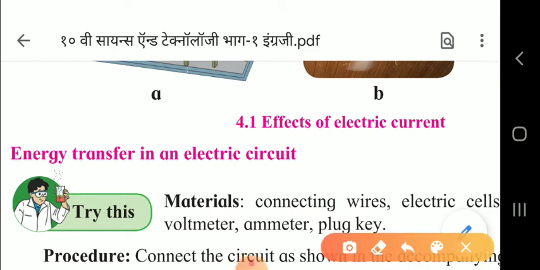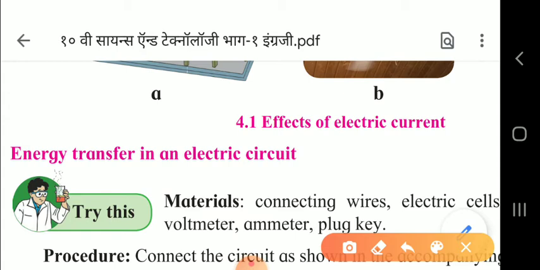So let us see now here that the measure of the current should be I, and the measure of potential difference should be V. AB means between the points A and B. Then the potential at A is higher than the potential at B according to this activity, as A is connected to the positive electrode of the cell and B is connected to the negative point of the cell.